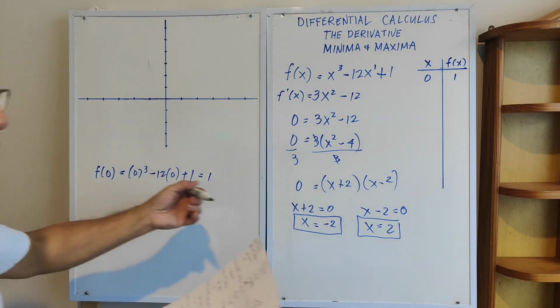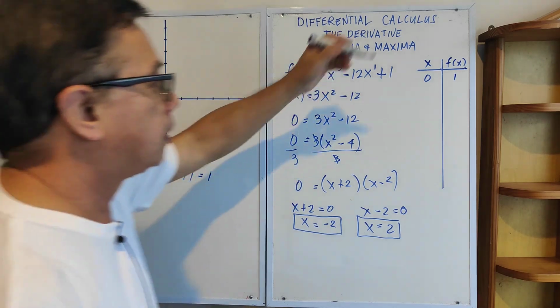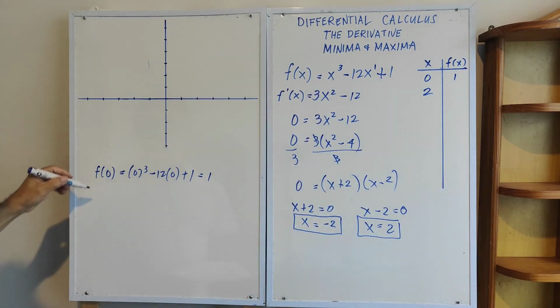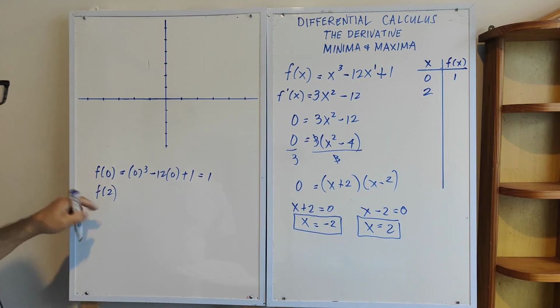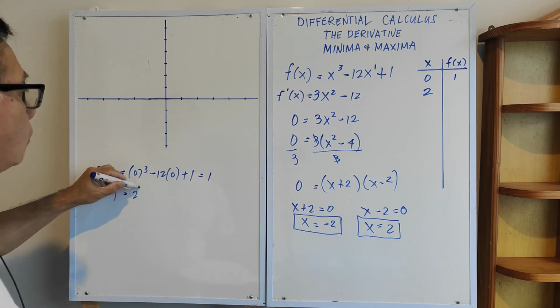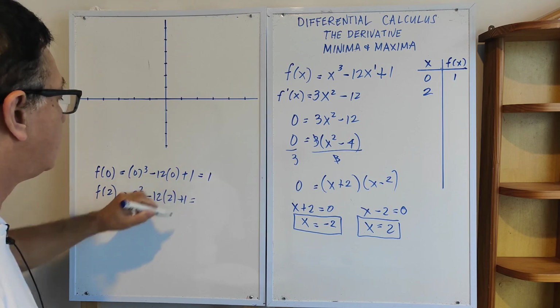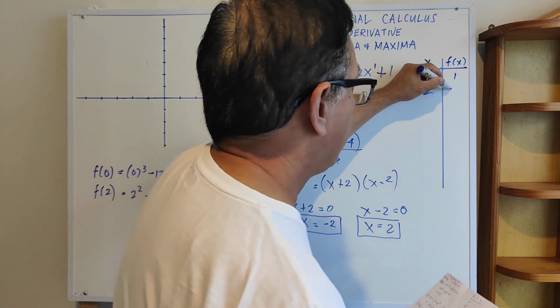And then again we can plug in any value of x. If x is 2, then 2 cubed minus 12 times 2 plus 1 would be negative 15.